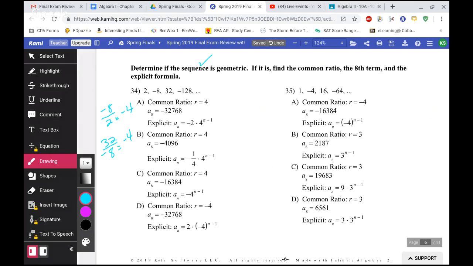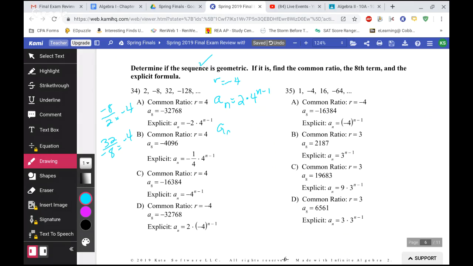So the sequence is in fact geometric, and the common ratio is -4. To find the explicit formula, it's A sub n equals the value of the first term times the common ratio, all raised to n minus 1.